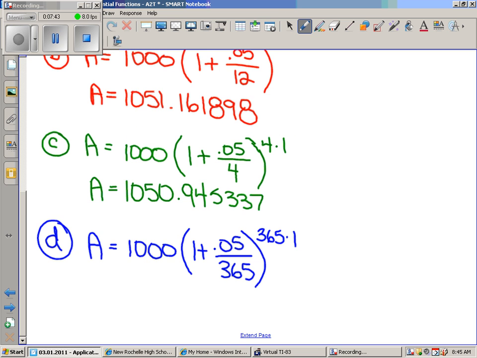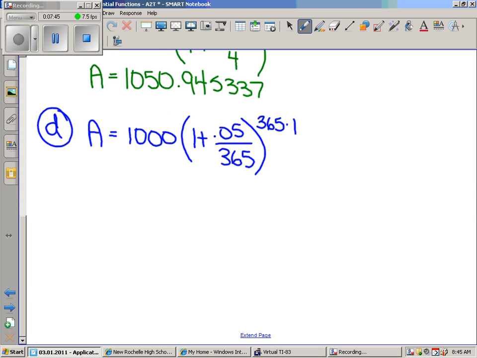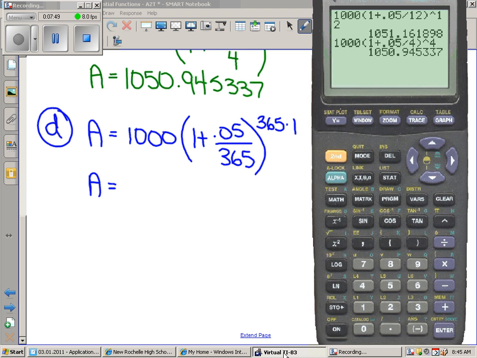Oh, I wonder how big this number is going to be. Yeah, I'm going to type it in. It's easier like that. Raised to the 365, 1,051.267496.